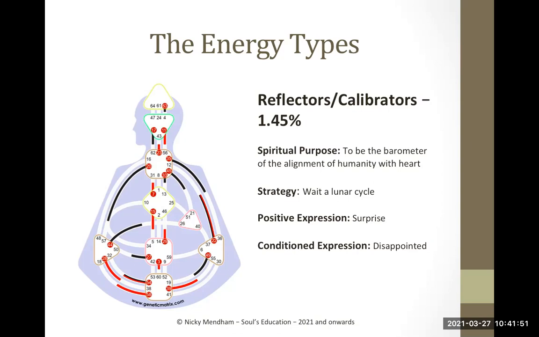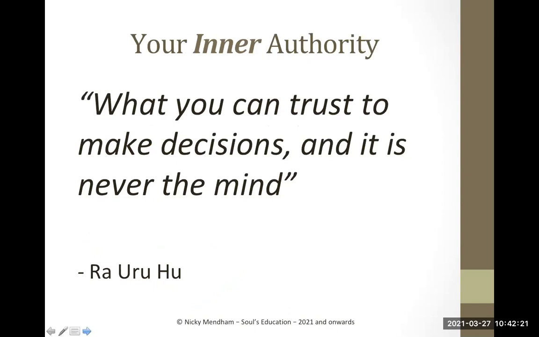They see the potential of what their community can be like, and that can be really disappointing when people aren't working to their highest potential. So it's really important to keep an eye on our reflectors, because they are the barometer of the community. They will give you a sense of, is this community thriving or is it wilting? So that's the types that are within the chart.